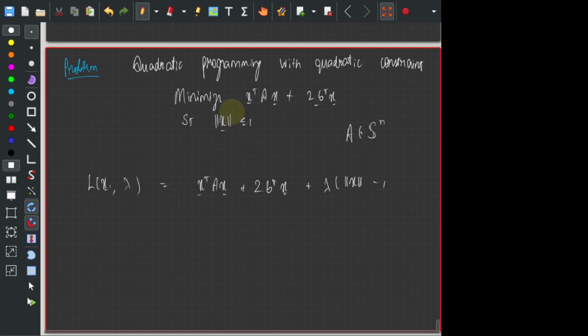Let me change this slightly. I'll say norm x squared is less than or equal to 1. It's the same problem after all. So this becomes norm x squared minus 1. This is equal to x transpose Ax plus 2b transpose x plus lambda times x transpose x minus 1.